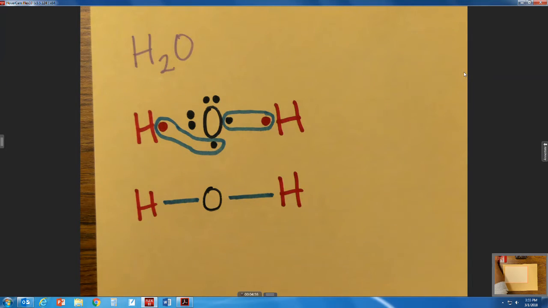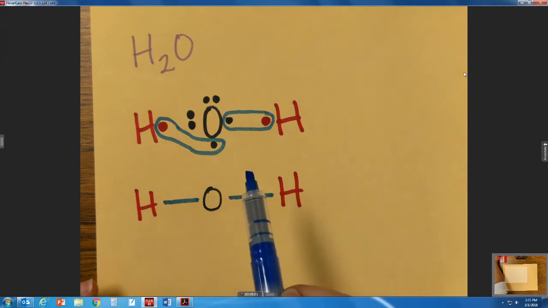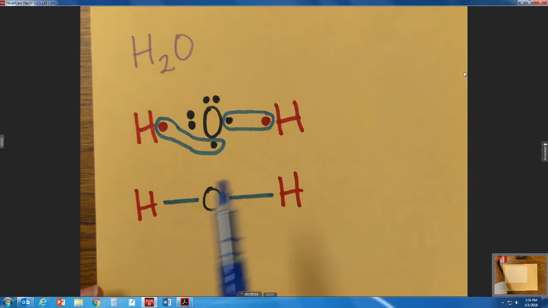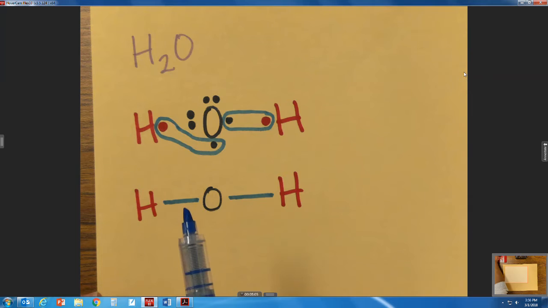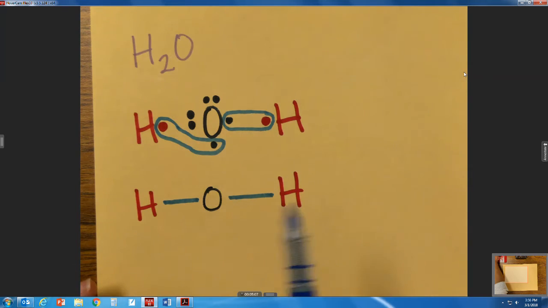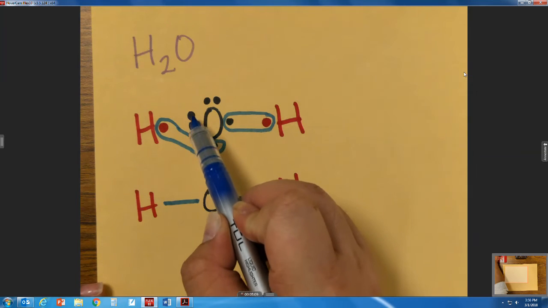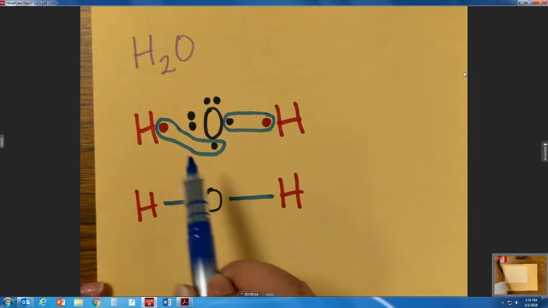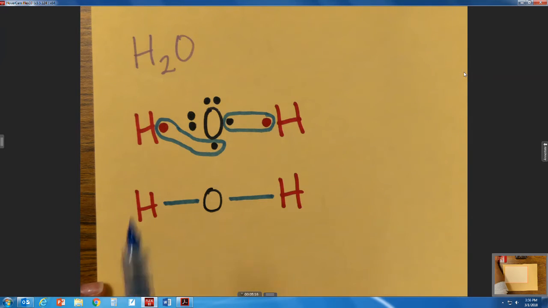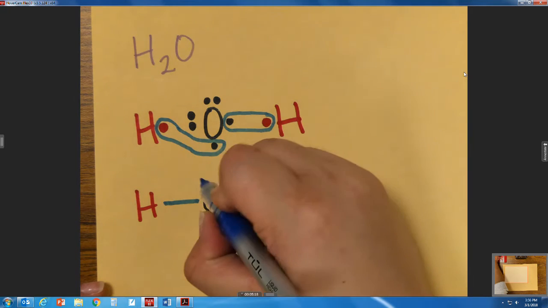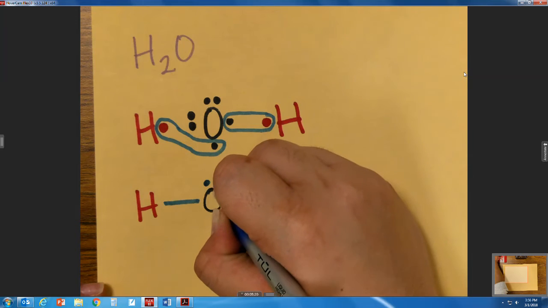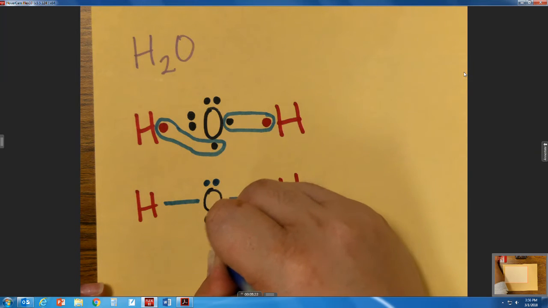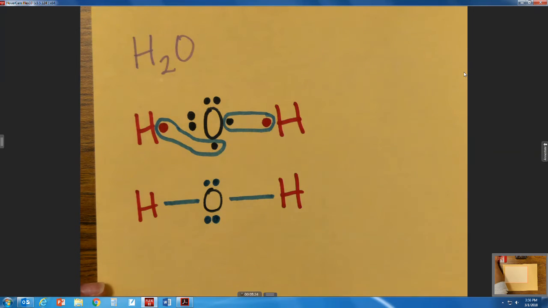Now we need to take a look at the number of lone pairs we have for any of our elements. And remember, lone pairs are electrons that are not being shared. If you take a look, these 4 valence electrons for oxygen are not being shared, so we need to make sure they are still included in our final structure.